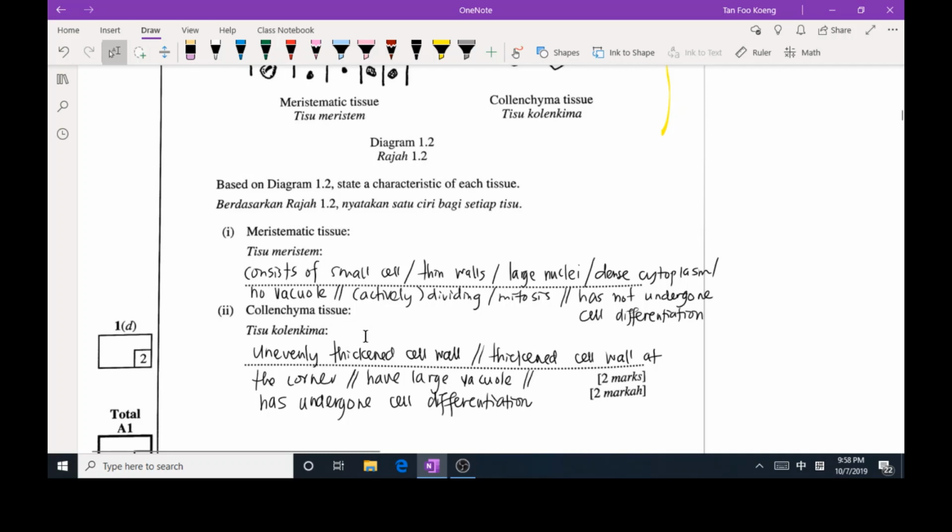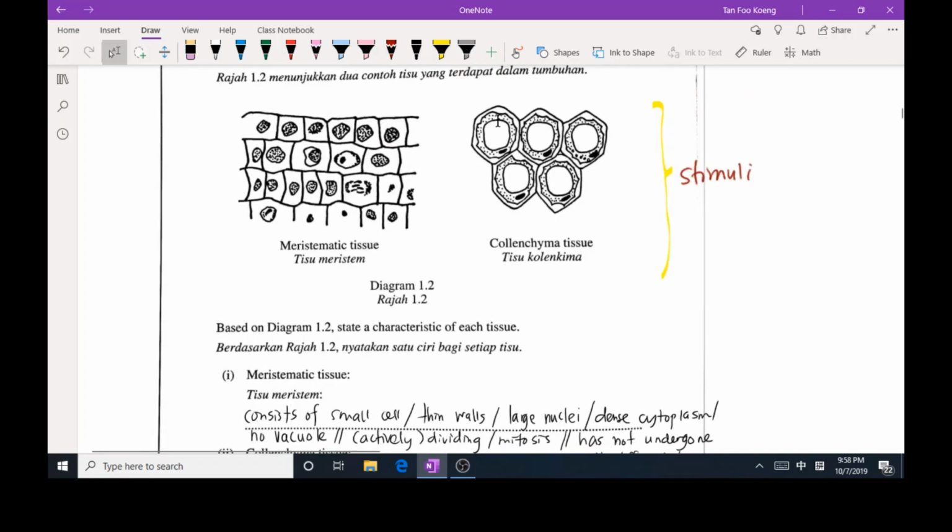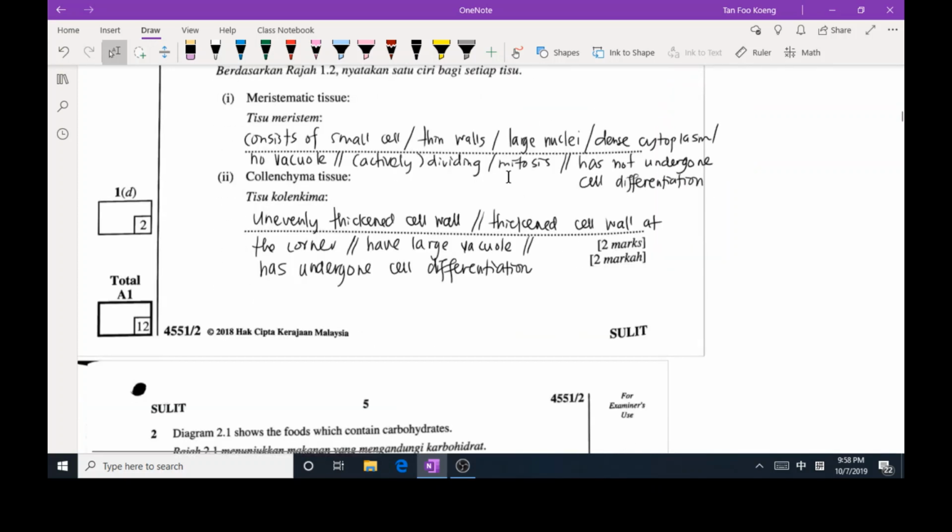Now, what about collenchyma tissue? Based on this diagram, we see it has a large vacuole, and the cell wall at the corner is thicker. The thickening of the cell wall is uneven. There are places that are thin, and there are also places that are thick.